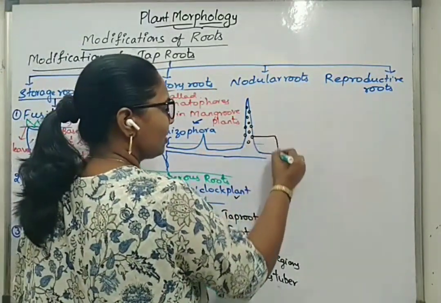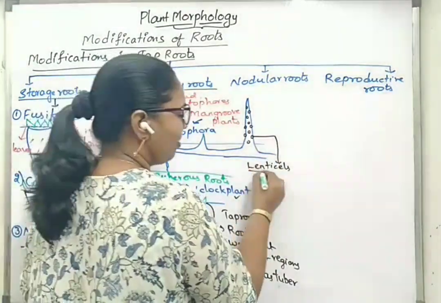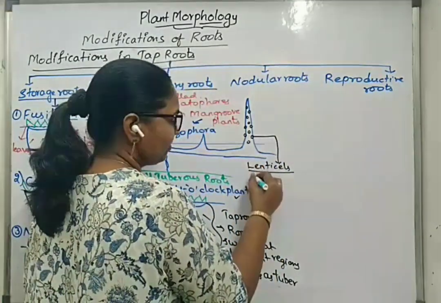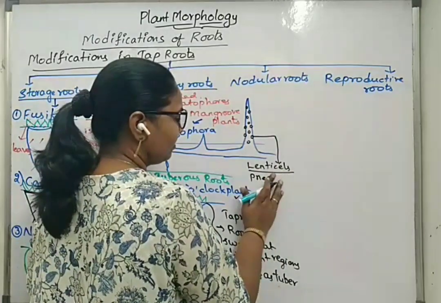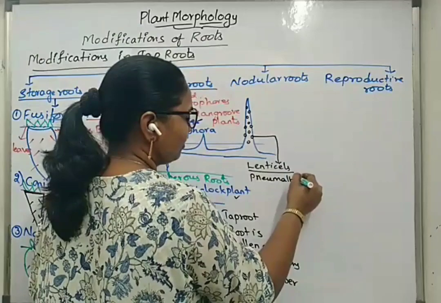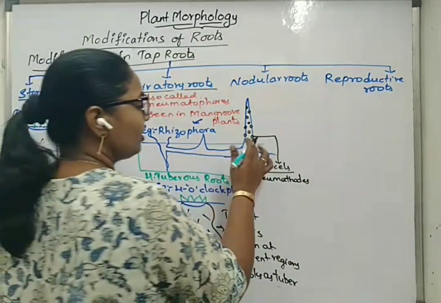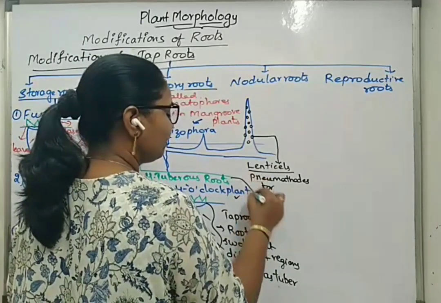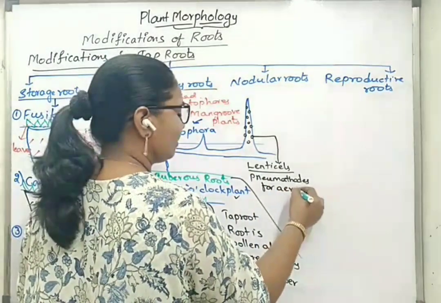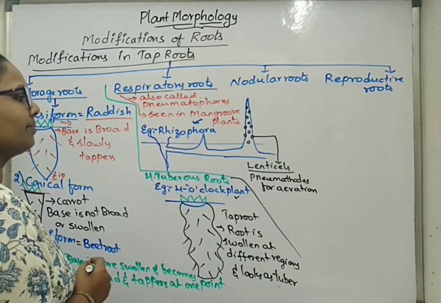So these are called lenticels or nematodes. Lenticels or nematodes. So these are for aeration, for penetration of air into the roots.